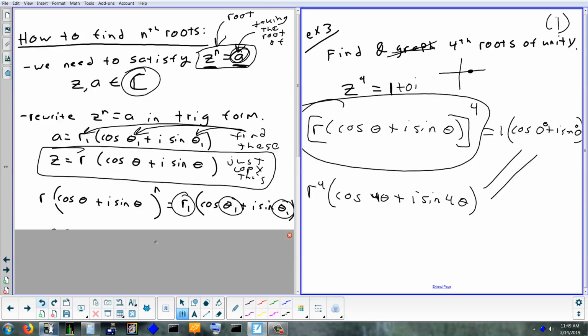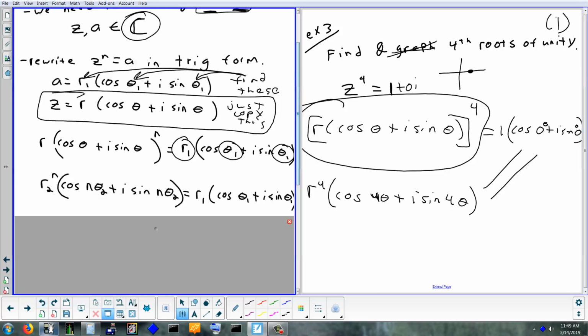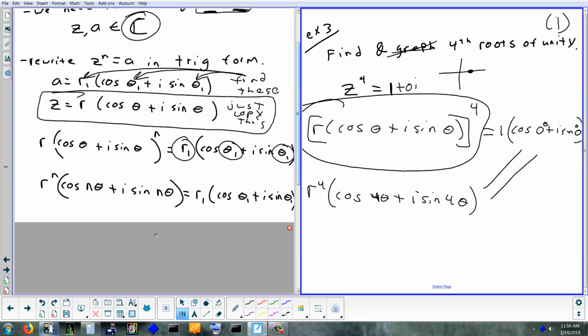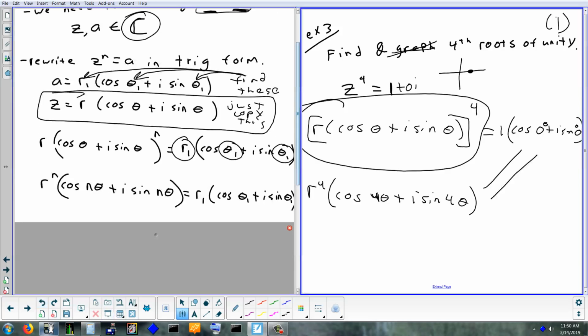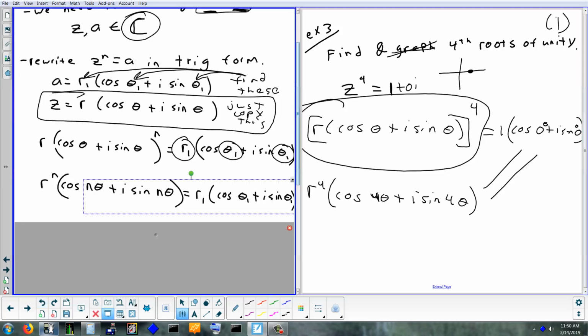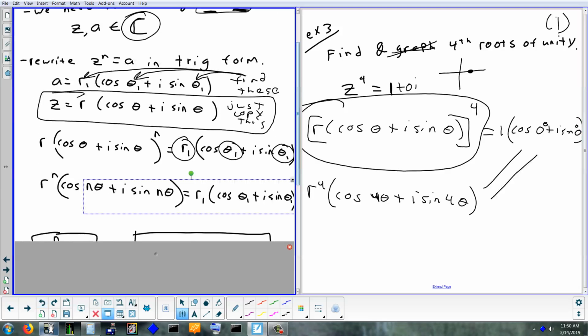Now you've got something like this. You have raised your radius to the power, r to the fourth, and you've multiplied your angle by the power. In our case, n was 4, so 4 theta. The right-hand side has stayed exactly the same.